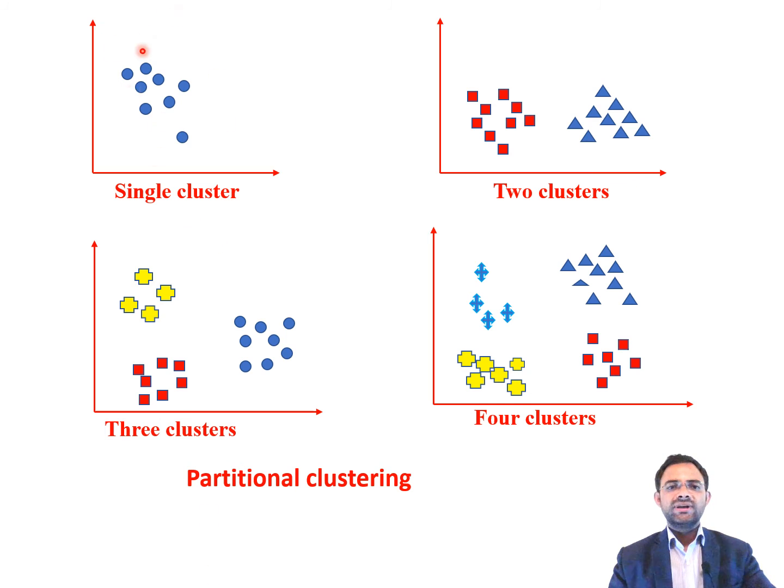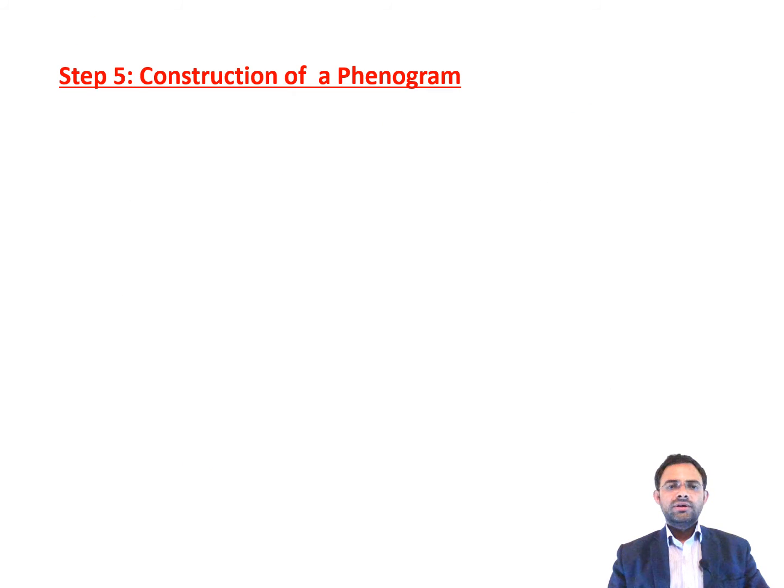The first diagram shows a single cluster where the single set of attributes and data is clustered in a single group, while in this one there is a 2-cluster formation, and here we will find 3 clusters, 1, 2 and 3, and likewise in this diagram we will find 4 clusters. Then this is the partitional clustering. The fifth or last step involved in numerical taxonomy is the construction of a phenogram.